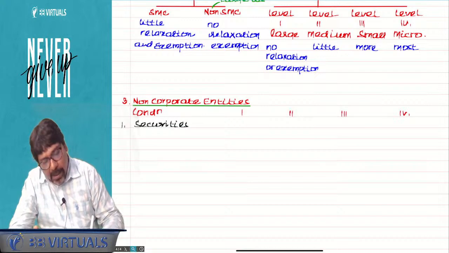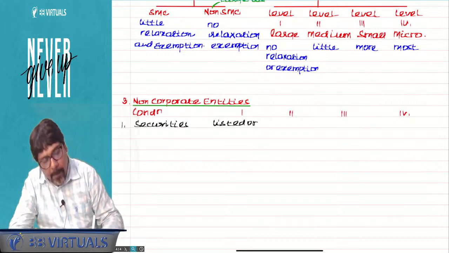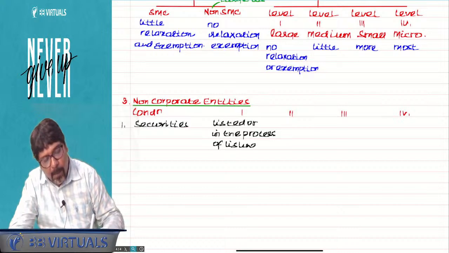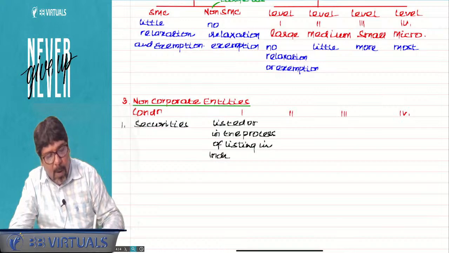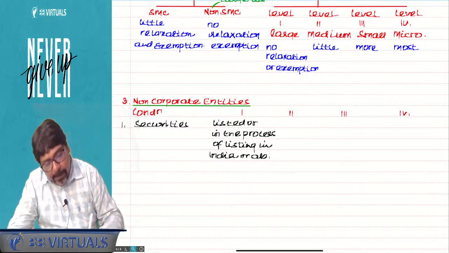Level 1 में large entities: listed or in the process of listing in India or abroad.